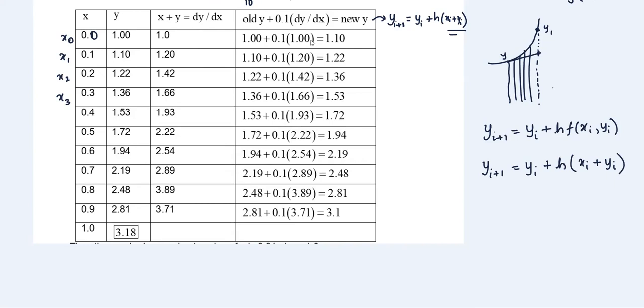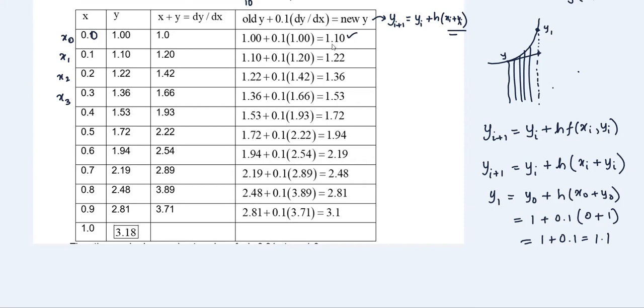When you substitute this, y1 is y0 plus h times (x0 plus y0). y0 is 1, h is 0.1, x0 is 0, y0 is 1, because the original point is 0, 1. So this is 1 plus 1 into 0.1, which is 0.1. So I get 1.1. That is what we get in the first step.